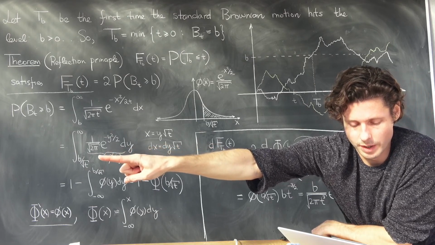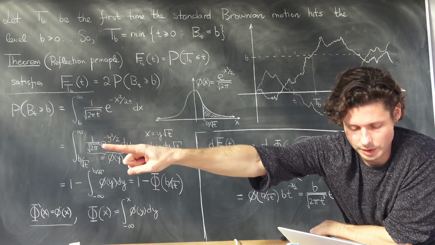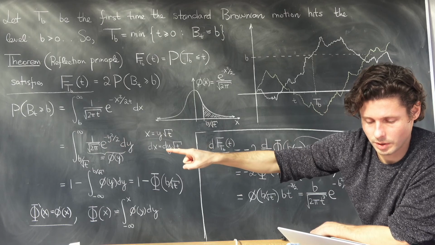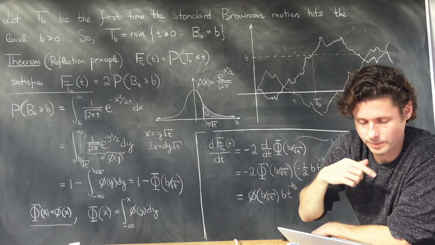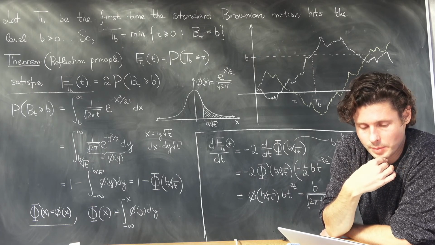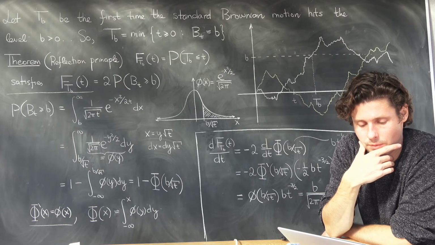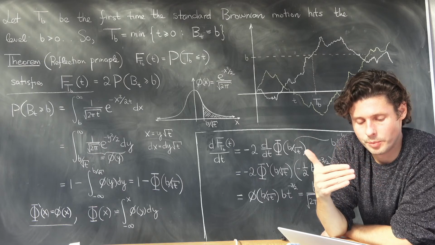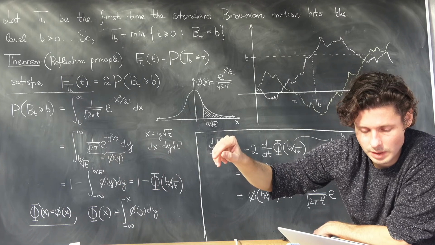That is the reason why the square root of t disappears, canceling the square root in the denominator there. And the final thing is fixing the limits. As x runs from b to infinity, y clearly runs from b over the square root of t up to infinity. So that gives me the limits for this integral.